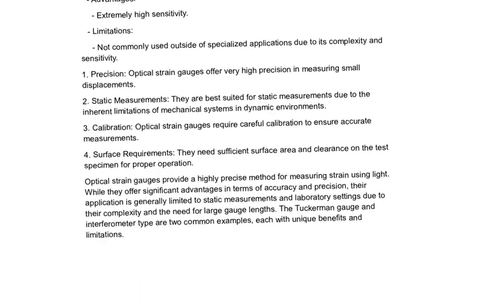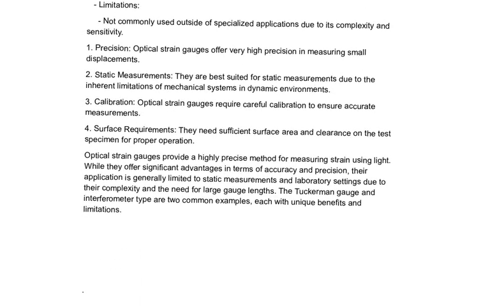Optical strain gauges provide a highly precise method for measuring strain using light, and while they offer significant advantages in terms of accuracy and precision, their application is generally limited to static measurement and laboratory settings due to their complexity and the need for large gauge length.